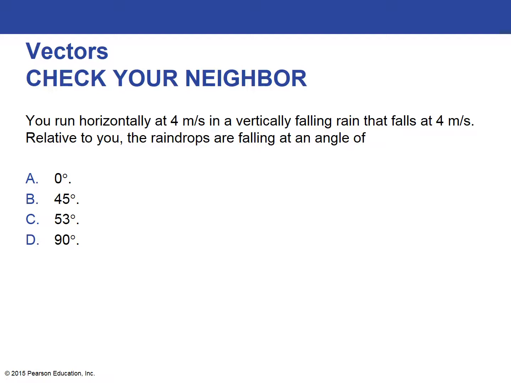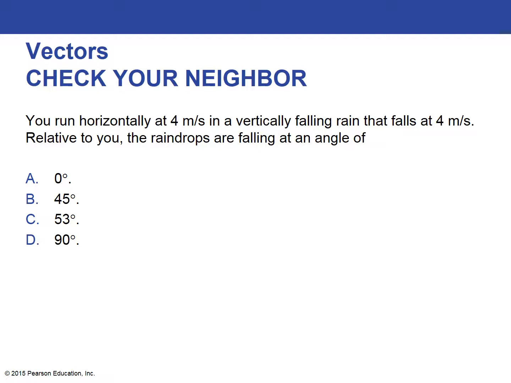and you take your speed at 4 meters per second. I add to that vectorially a wind speed of 4 meters per second. And what I look for is the resultant of adding those two vectors together. And when I do that, I find that I have a 45-degree right triangle, a right triangle consisting of two 45 degrees and a 90.